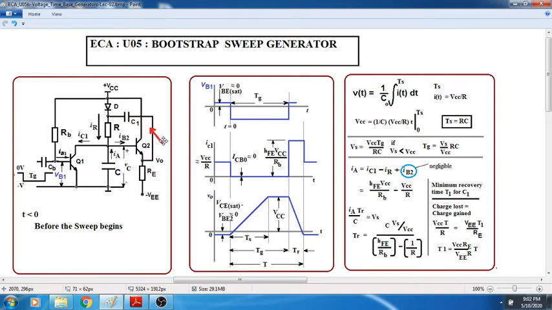So this C1 is across R. You have to think like that, although we have a buffer.